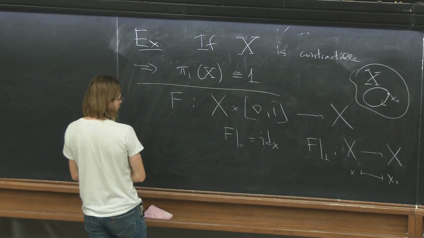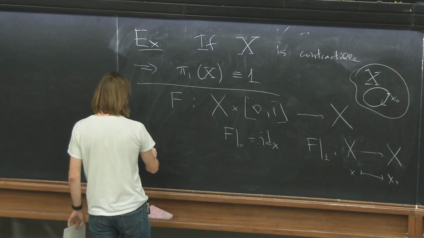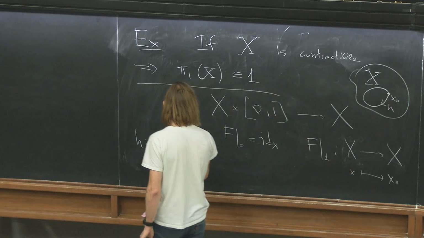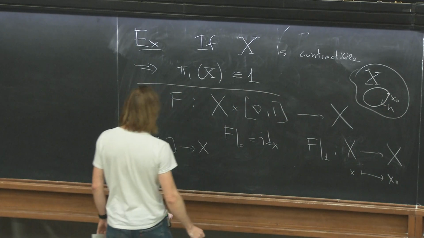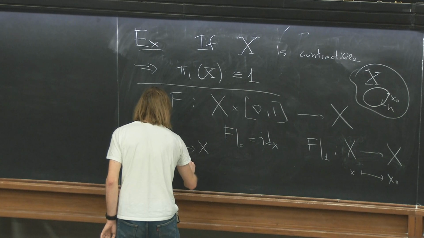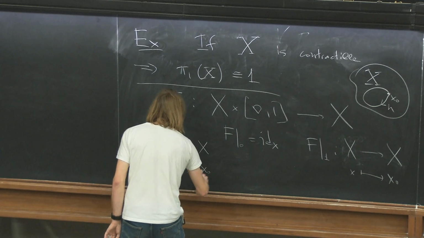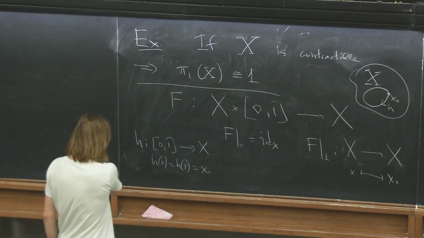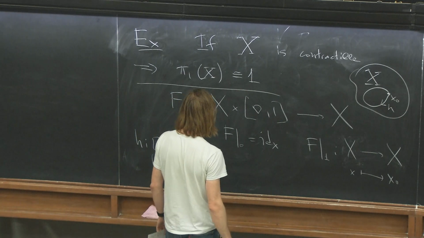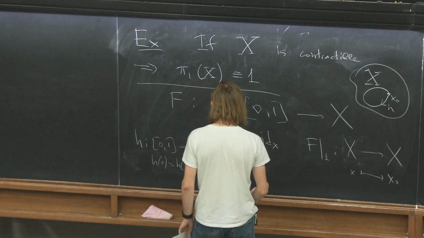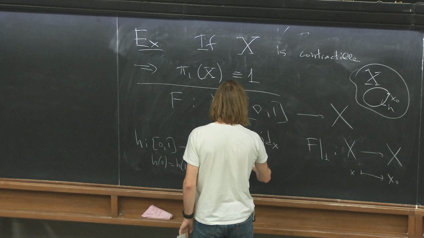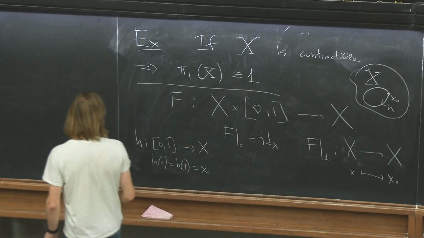Then if you consider some loop H at this base point x0, we can consider the following composition with F. Okay, let me write it here.